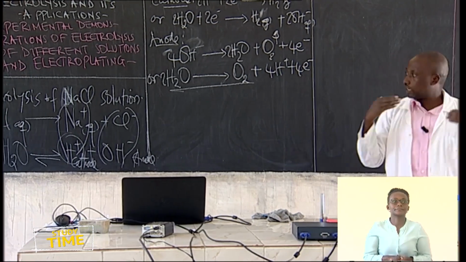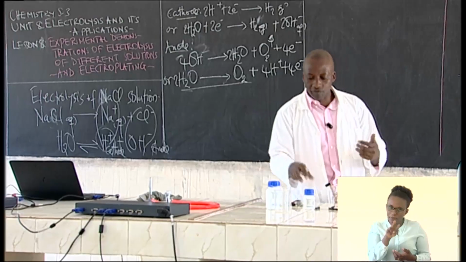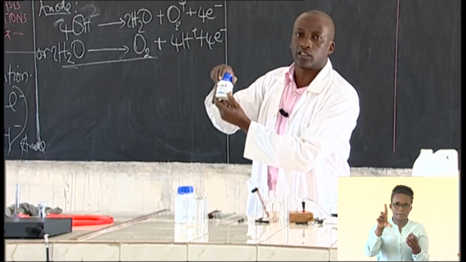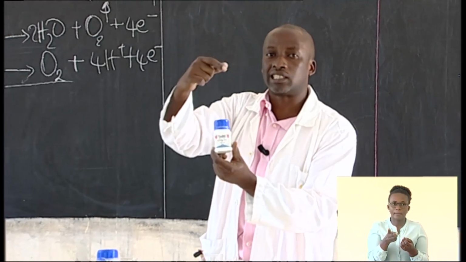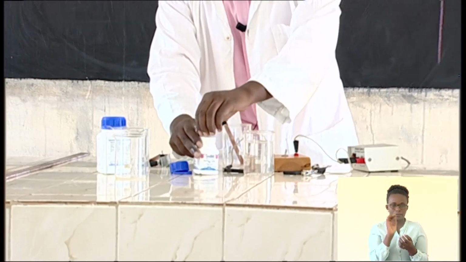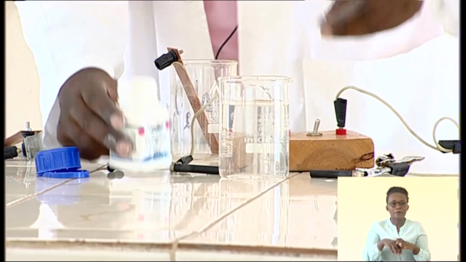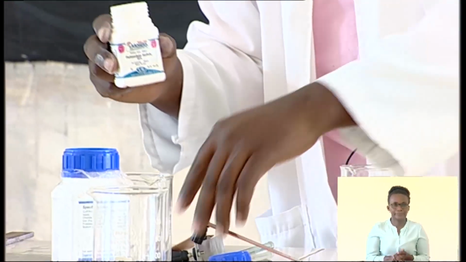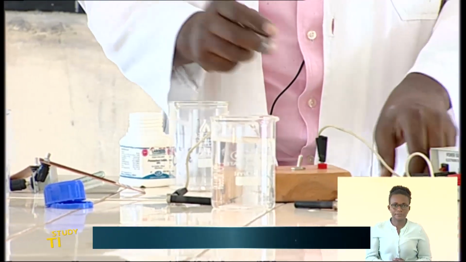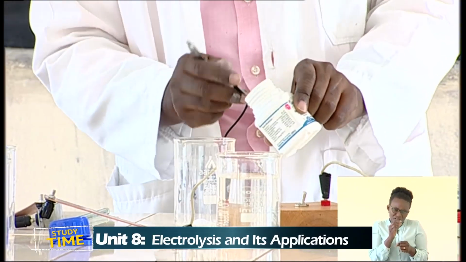So that is a solution of sodium chloride. We can have other solutions. This is potassium iodide. So we are also going to electrolyze potassium iodide solution, and then we see what happens. Do we get the same solution? Do we get the same ions? So I'll just put a few crystals of this potassium iodide.